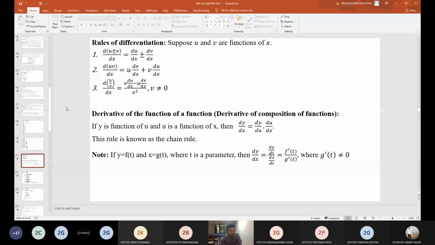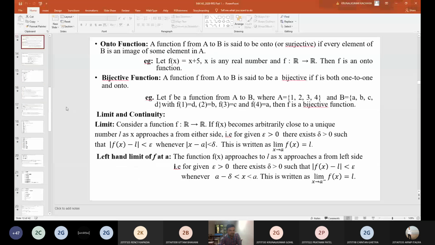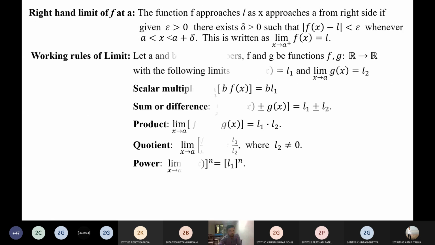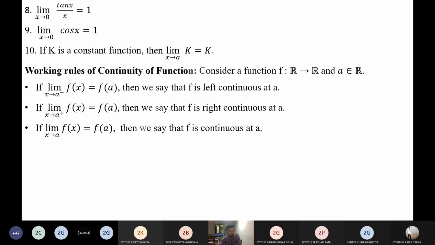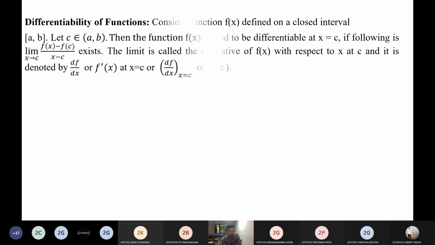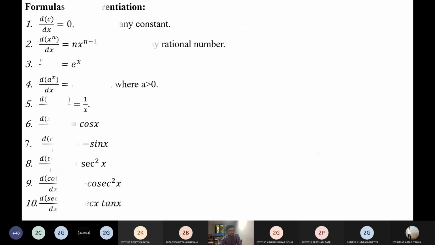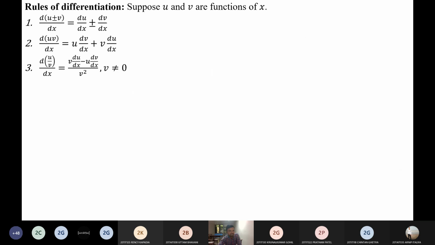Yes, very good. In last lecture we started from limit and continuity. We started with the limit concept, then we went for the continuity. Then we discussed the differentiation, its formulas, 19 formulas in all.